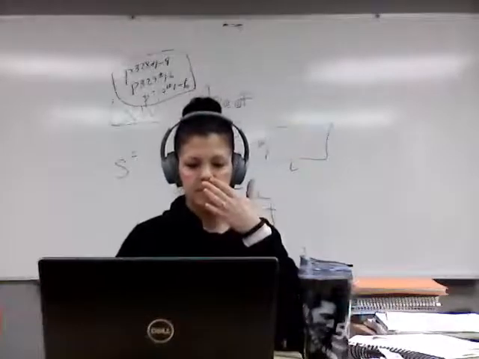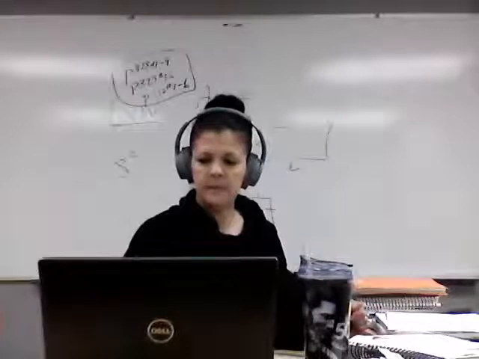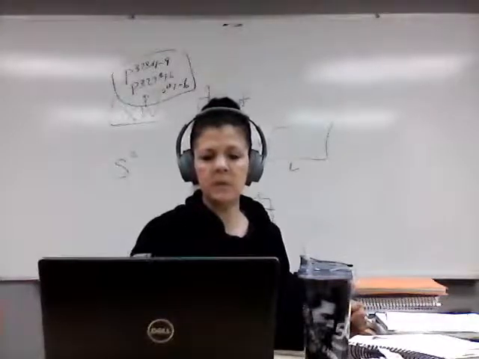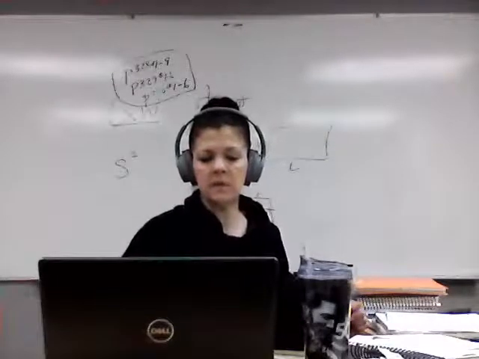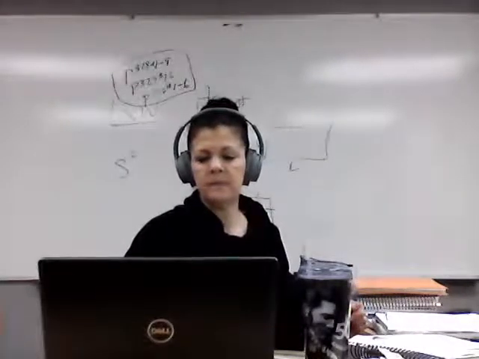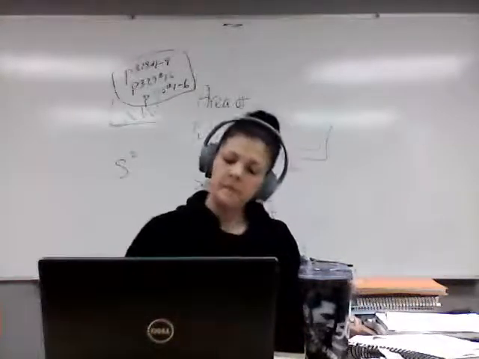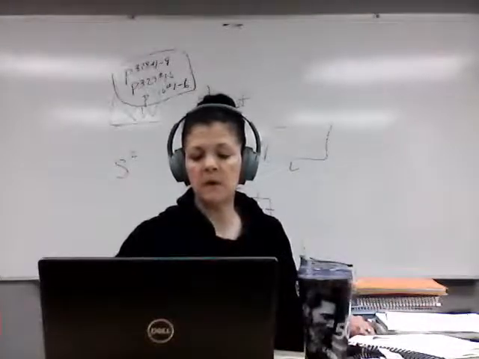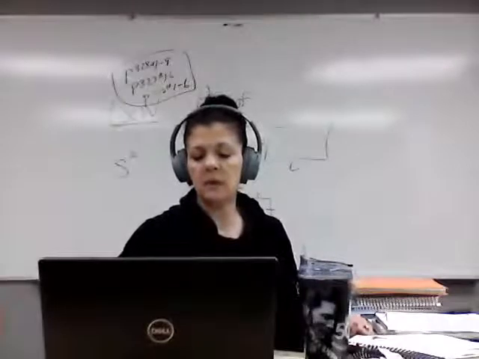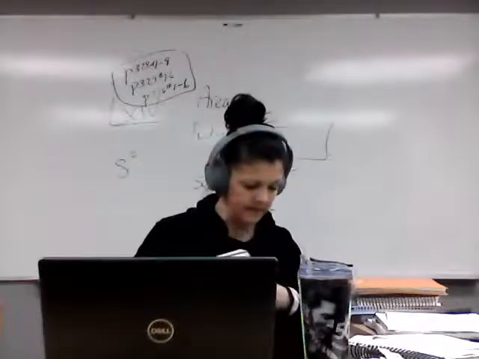What's my y2? -5 minus, what's my y1? 0 over, what's my x2? -2, and then minus, what's my x1? -3. Good. So it's -5 over, this becomes positive. 2 minus 3 is 1. So what's my slope? -5. Good.